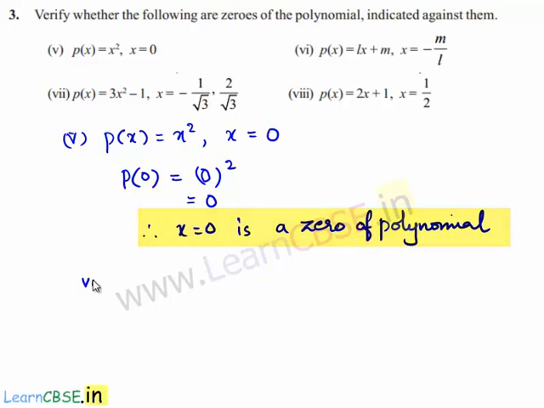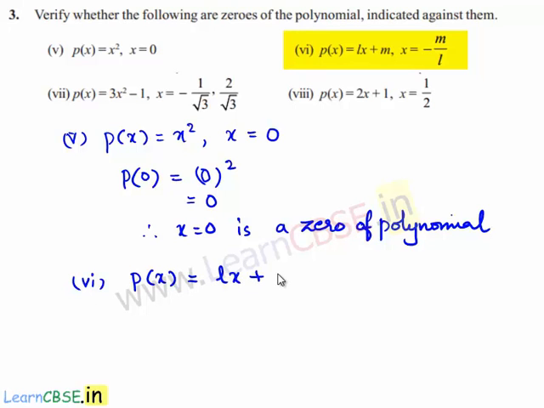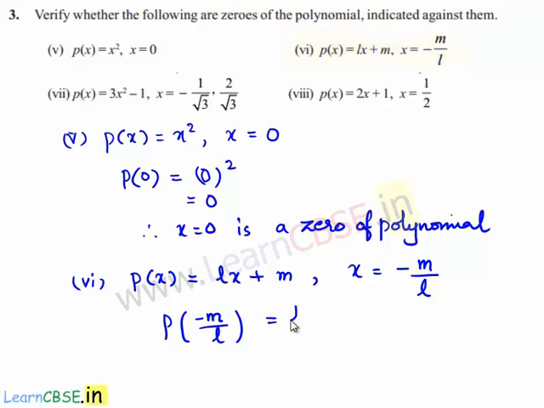Next, sixth bit, which is p of x is equal to L times x plus m, given that x is equal to minus m by L. So let us first substitute x is equal to minus m by L. That becomes p of minus m by L is equal to L multiplied by, in place of x, if we substitute minus m by L, we get L multiplied by minus m by L plus m.